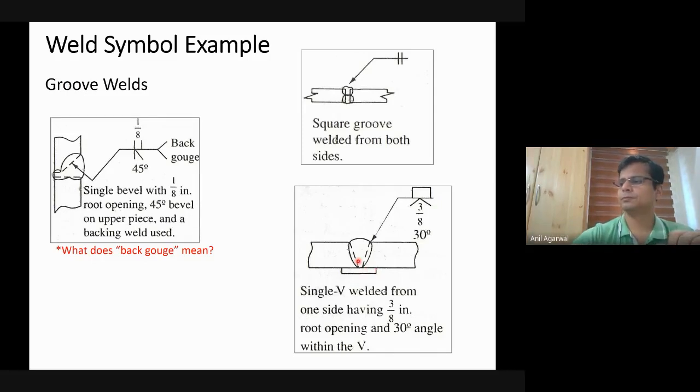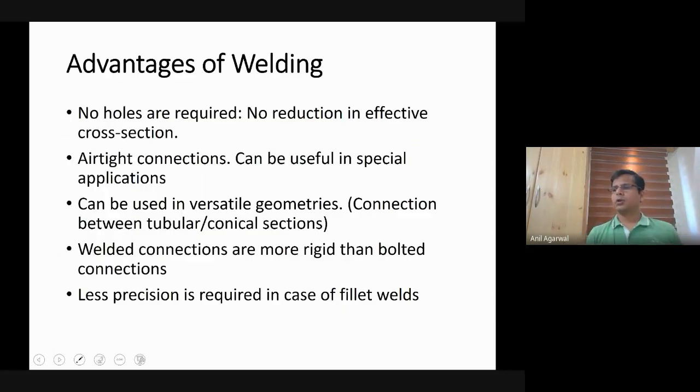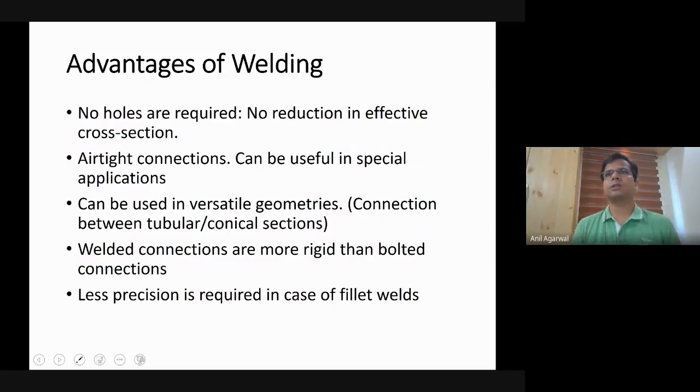Okay. So in comparison to bolting or riveting, welds have several advantages, and that's why welds are becoming more and more popular, especially in countries like India, where we don't work with a very high level of precision, or our construction management is relatively poor. The communication challenges are there, various teams work, and this has become more internationalized.